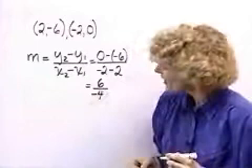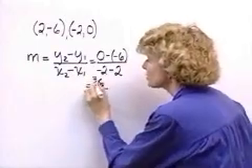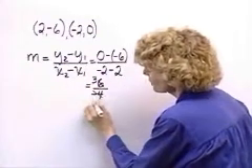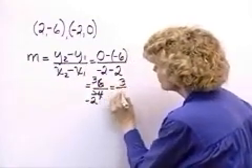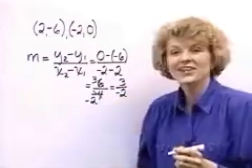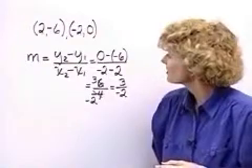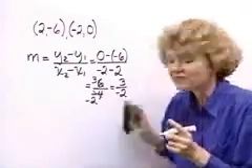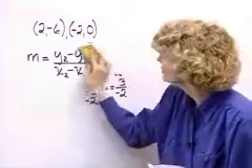There is a common factor here of 2. 6 divided by 2 is 3. Negative 4 divided by 2 is negative 2. So my slope in simplest form is 3 over negative 2, or negative 3/2. All right, thus far we found the slope. I'll write it as negative 3/2.